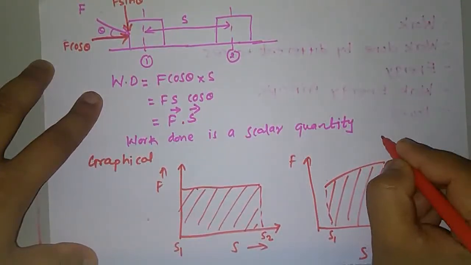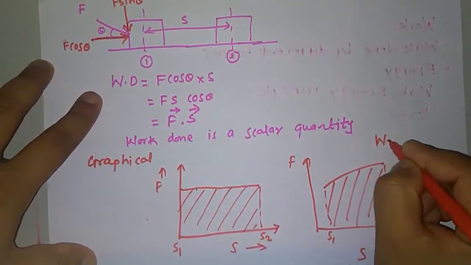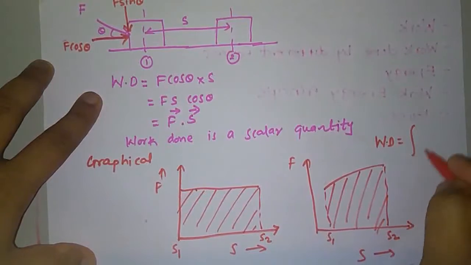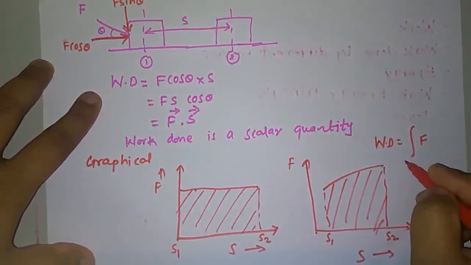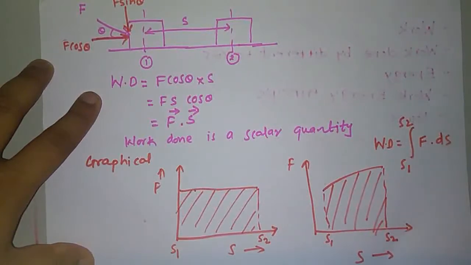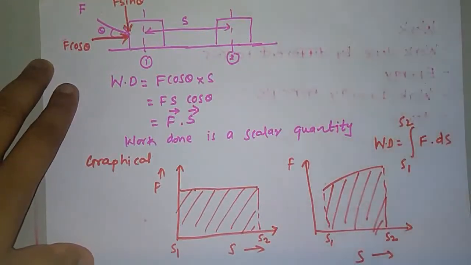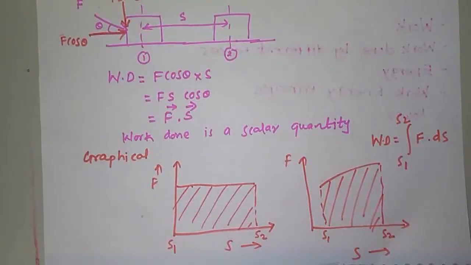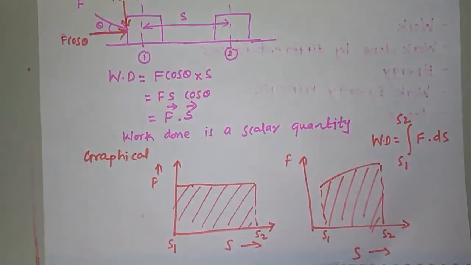So we can write work done is equal to the integral from S1 to S2 of F ds. So this is the work done in the variable force. Simply, graphically the work done by a force can be represented by the area under the force displacement diagram.